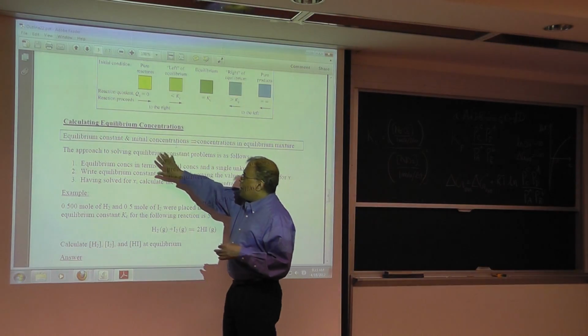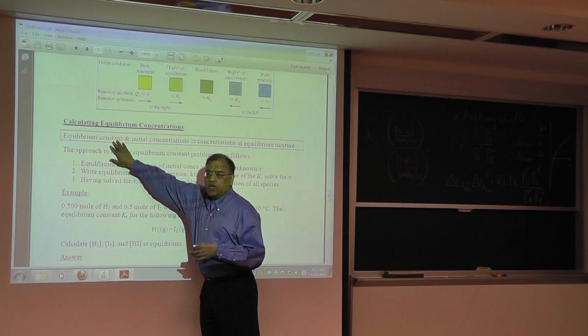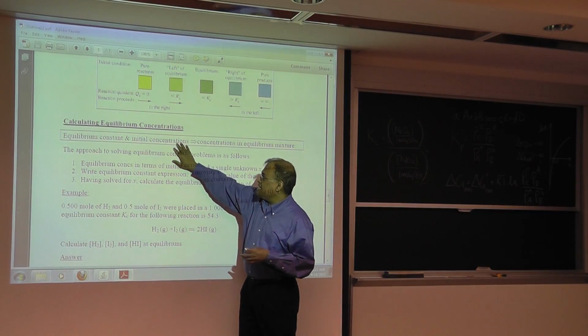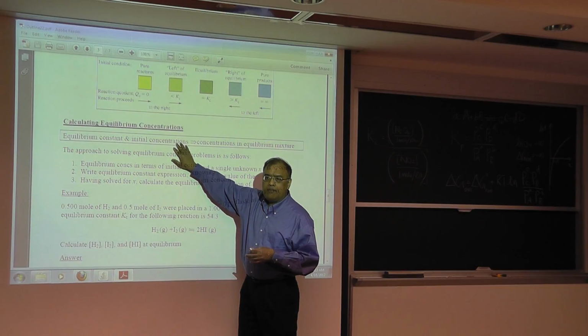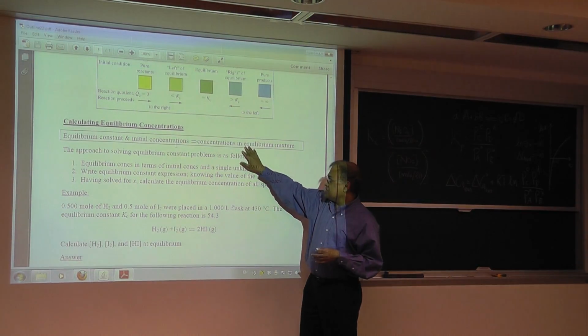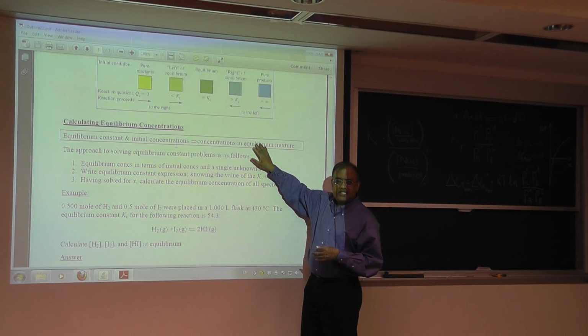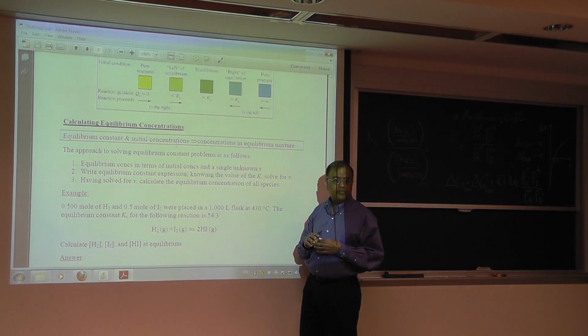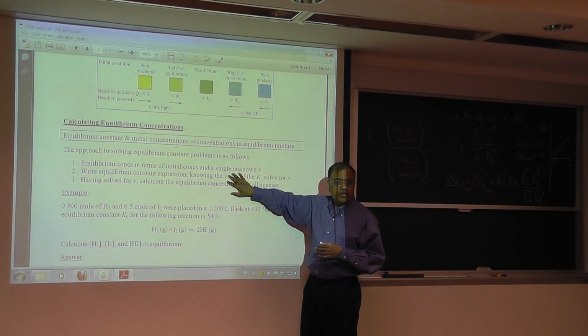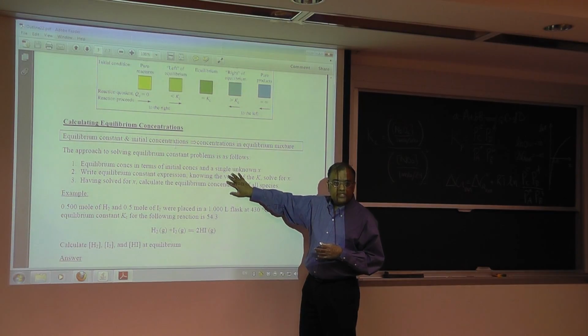What we're going to talk about is, supposing we're given the equilibrium constant, and supposing we're given the initial concentrations of A, B, C, and D, what are the concentrations going to be of A, B, C, and D at equilibrium? Okay, there are 3 steps in doing this type of problem.